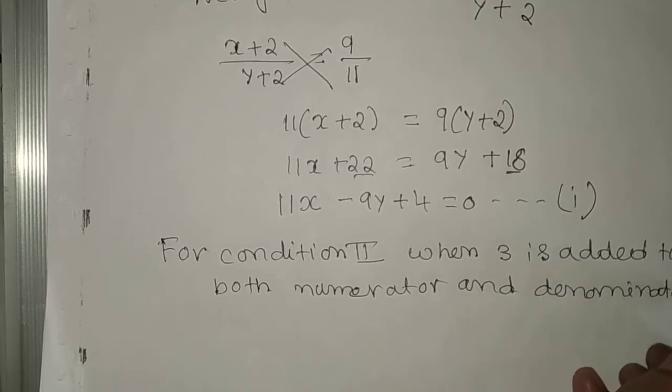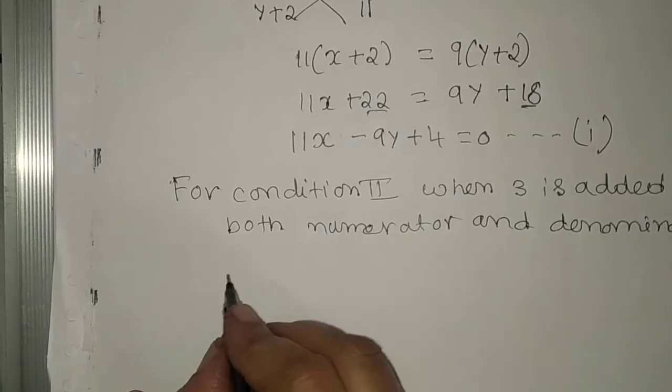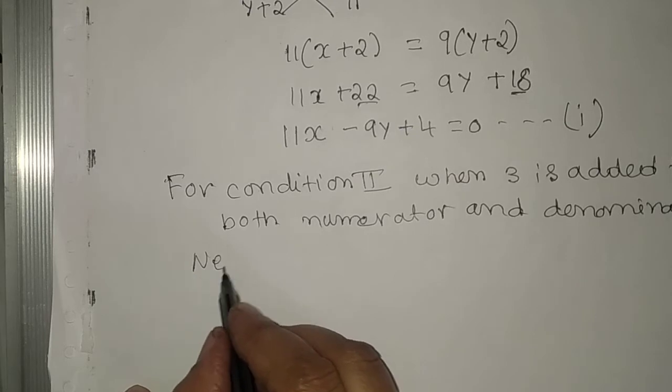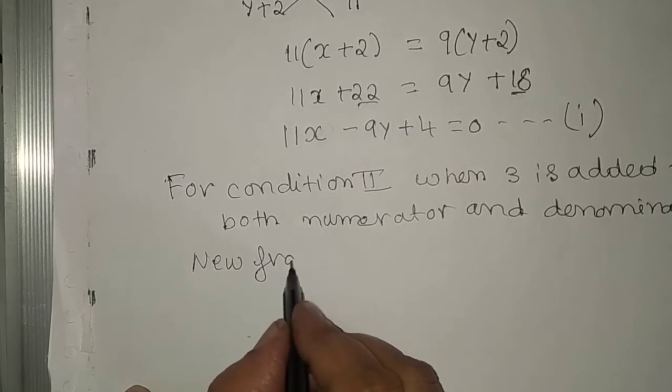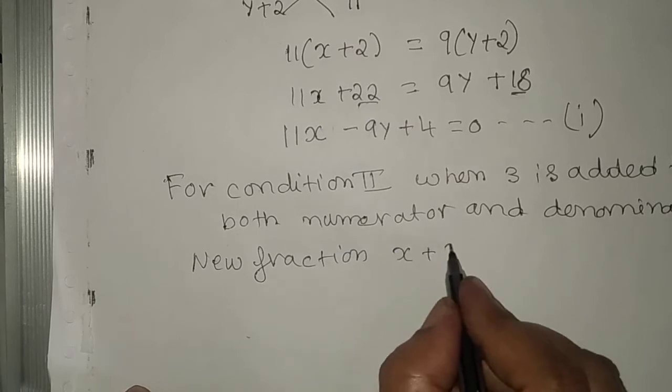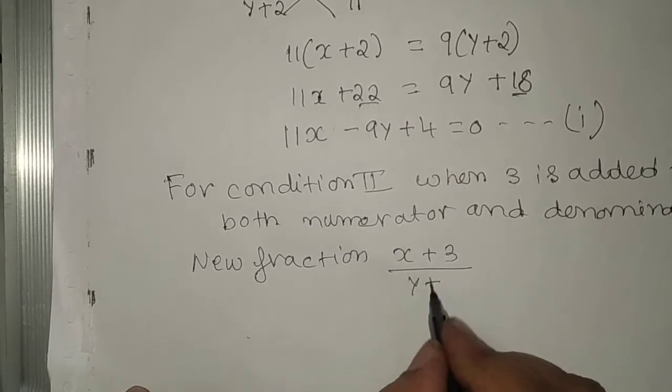So what happens now? Same thing we have to repeat, that is the new fraction. We write the new fraction, how much? That is x plus 3 by y plus 3.